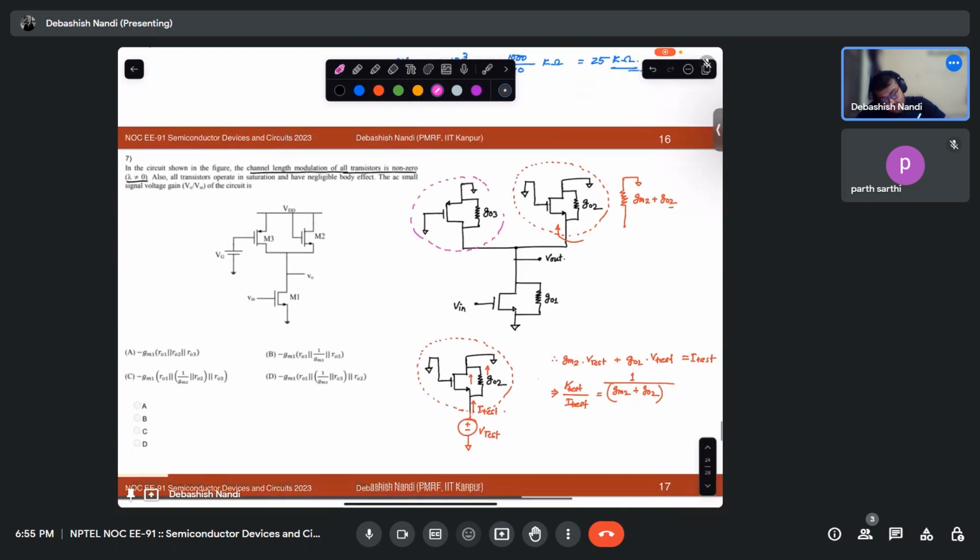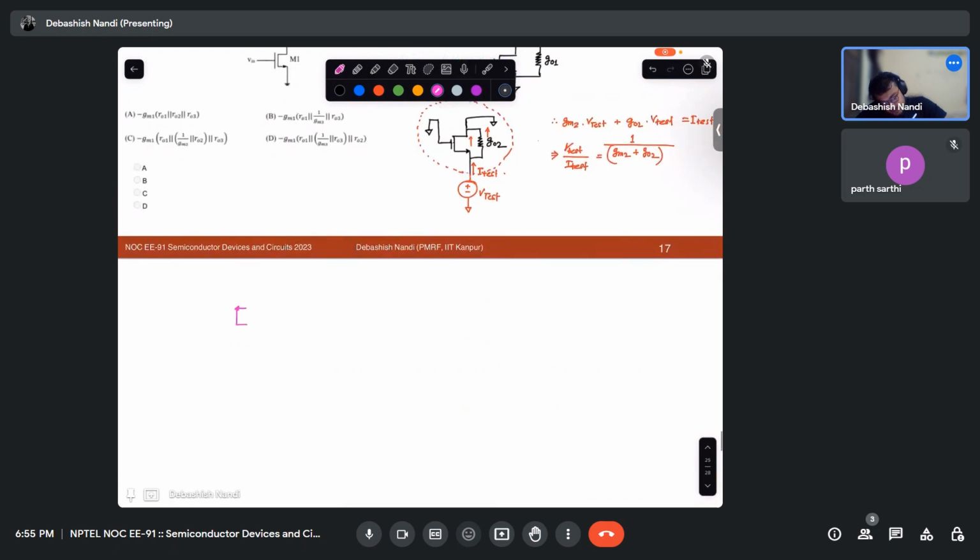I have a PMOS. This is ground, this is ground. I need to find out, looking into this, what is the impedance. Can you tell me what the impedance is directly?